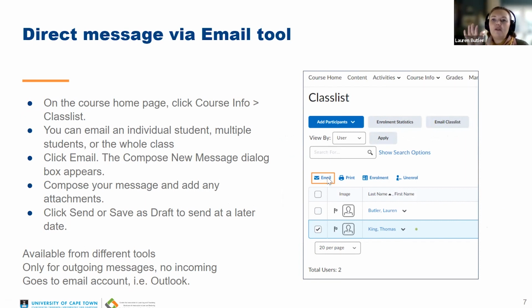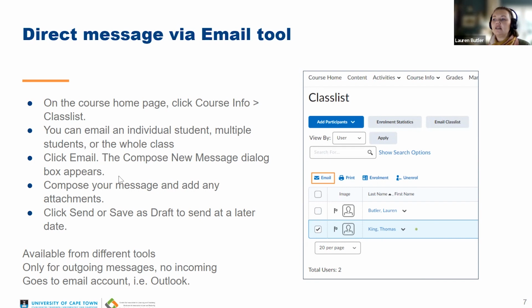And this button can be found on a variety of tools in Brightspace. In this particular example, I opened the class list, and from here you can email certain students, a group of students, or the whole class.